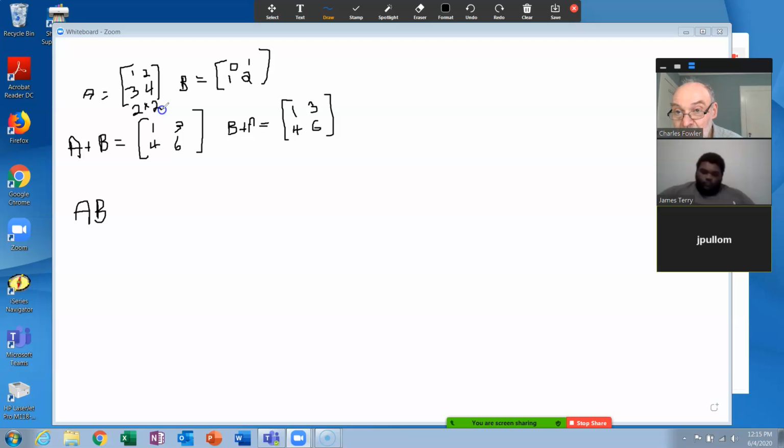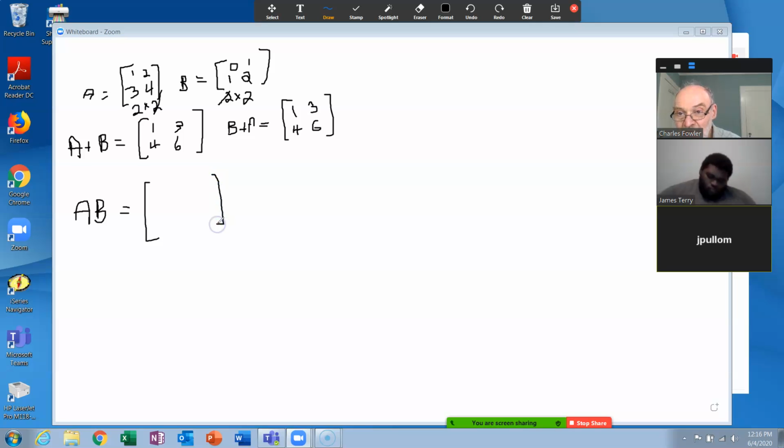Okay, what size is B? 2 by 2. What's required for us to be able to multiply them is that the two inner numbers have to be the same. Yes, that's a 2, and that's a 2. So throw those out. What size is your product going to be? 2 by 2. Well, that worked out okay.